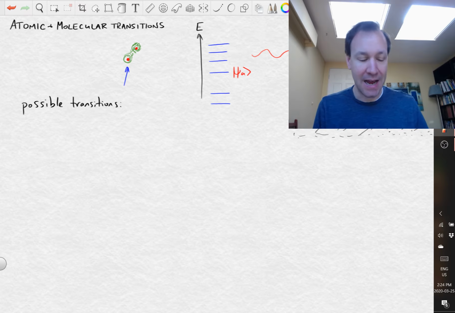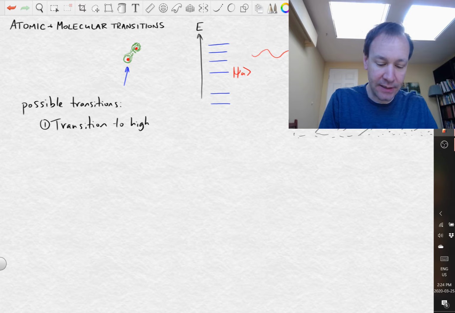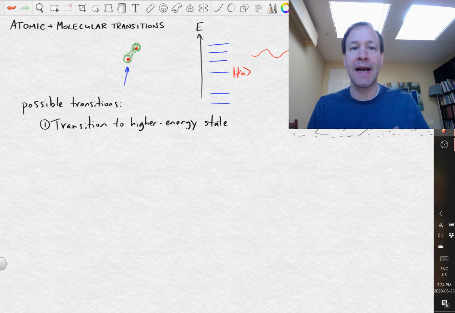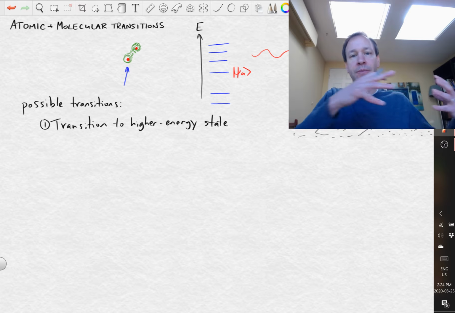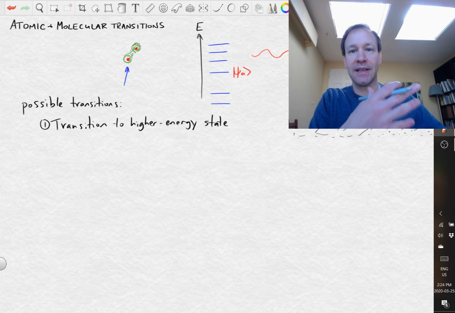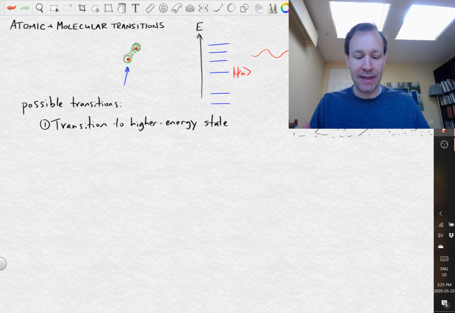Okay, so the first thing we can have is, number one, a transition to a higher energy state, and that would be interpreted as you are absorbing some energy from the electromagnetic wave. So you have some energy in the electromagnetic wave, and then as a result of this interaction, the atom or the molecule absorbs some of that energy and goes to this higher energy state.